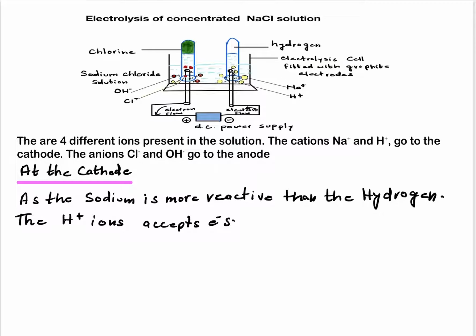So we can write down H+ plus electron will give you H, that is hydrogen.